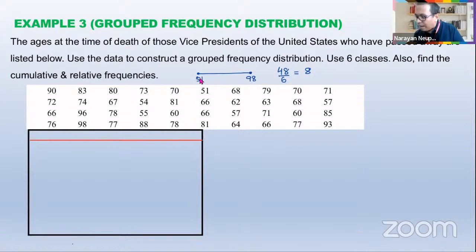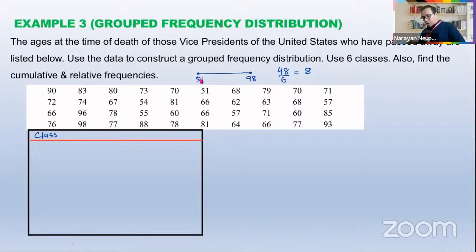I'm going to write the class on the top. And we are starting at what number again? 51, but I'm starting at 50. We are using 6 different classes or groups, and what goes in each class is the age of the vice president.